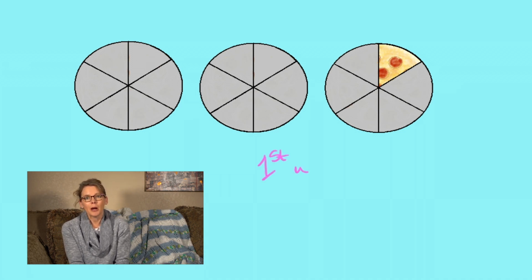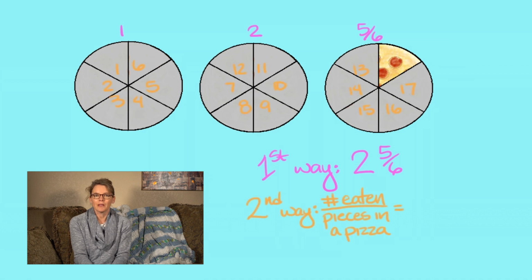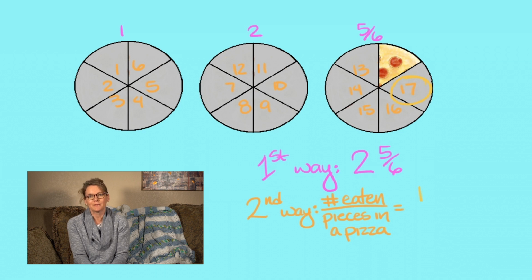First, count the number of whole pizzas that we ate, 2, plus the fraction of the partially eaten one, 5/6, for a total of 2 5/6. The second way we can write these is we can count the total number of pieces eaten over the number of pieces per pizza. 17 pieces eaten over 6 per pizza equals 17/6.